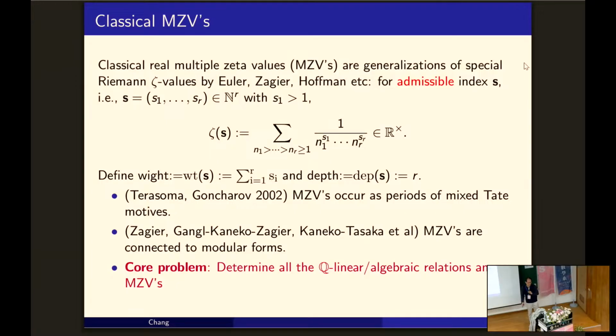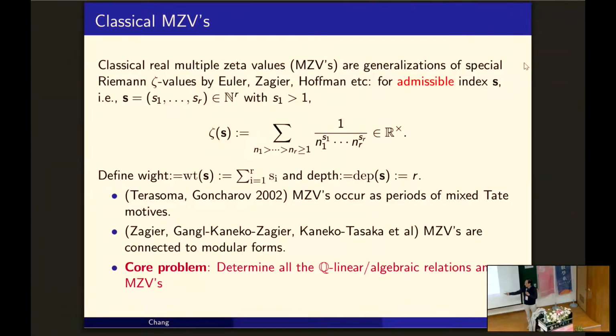So classical MZV is a very popular topic. There are many reasons, and I just list a couple. One reason is that it has arithmetic-geometric meaning. Namely, MZVs occur as periods of mixed Tate motives, due to Terasoma and Goncharov in 2002.